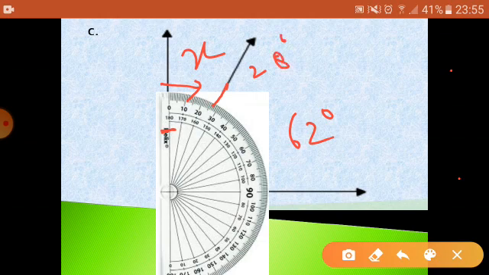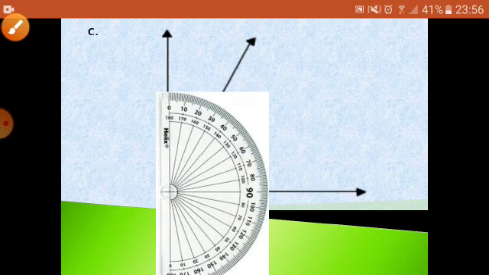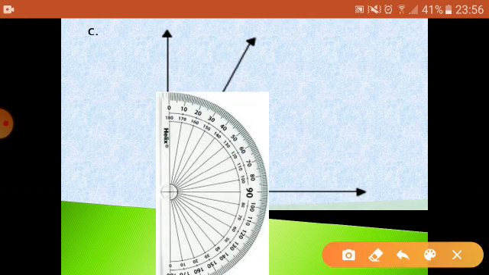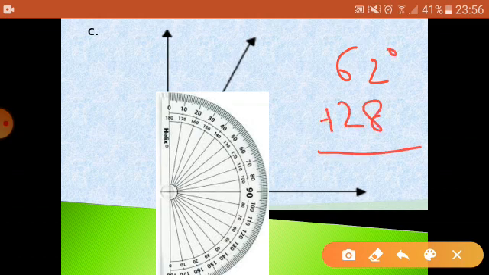So that means my value of x is 28 degrees. Now see if my answer is correct or not. 62 degree, 28 degree, get their sum. What is their sum? 90 degree. So that means my answer is right.